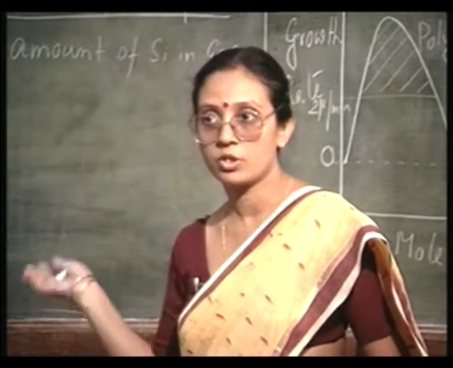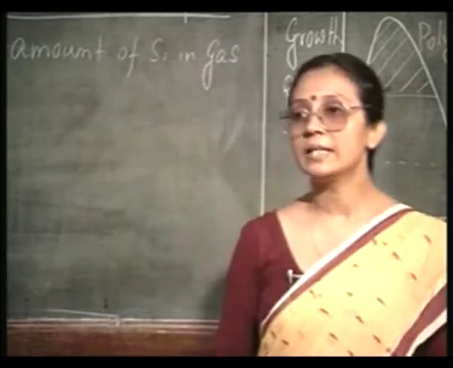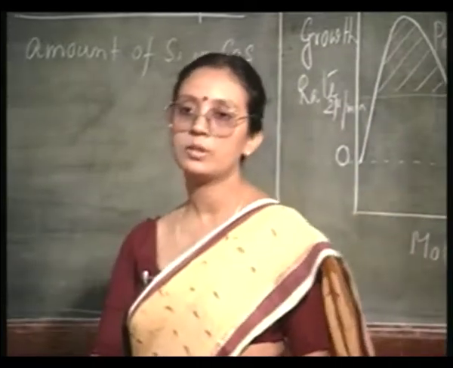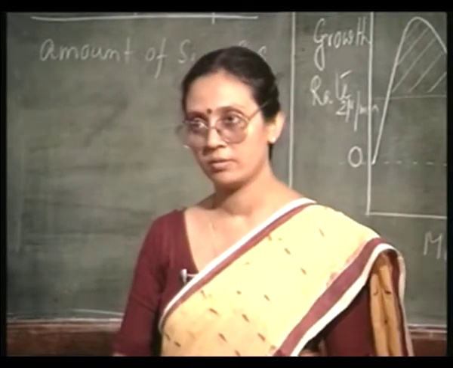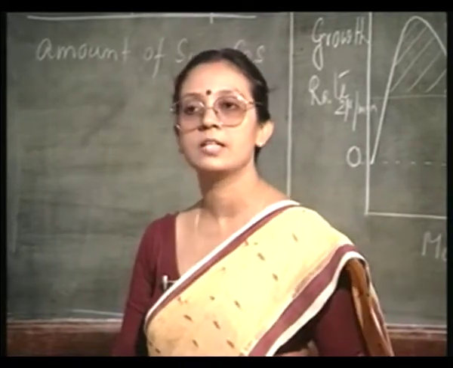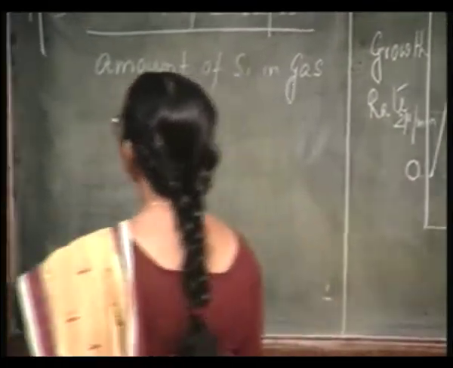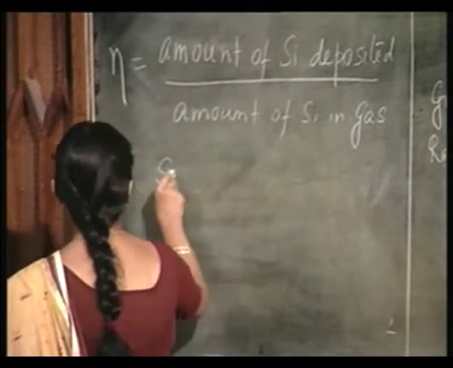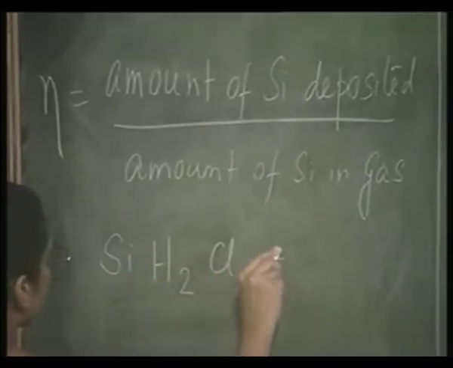So, the ratio will determine the efficiency of the epitaxy process. And in this context also it is found that silicon tetrachloride is least efficient. The most efficient is SiH2Cl2. So, you see SiH2Cl2 offers two advantages.